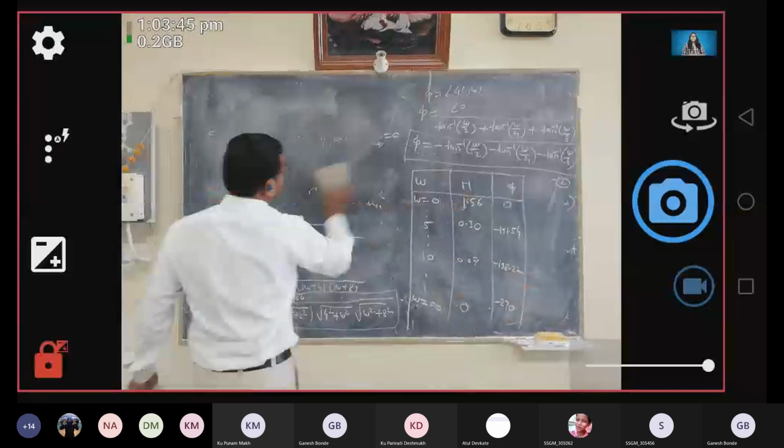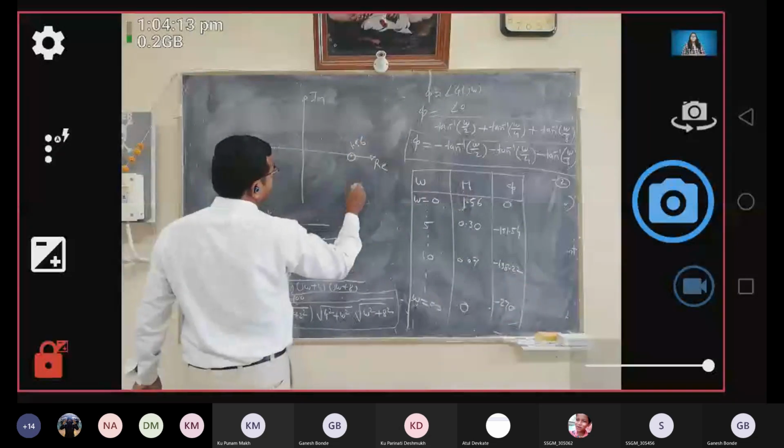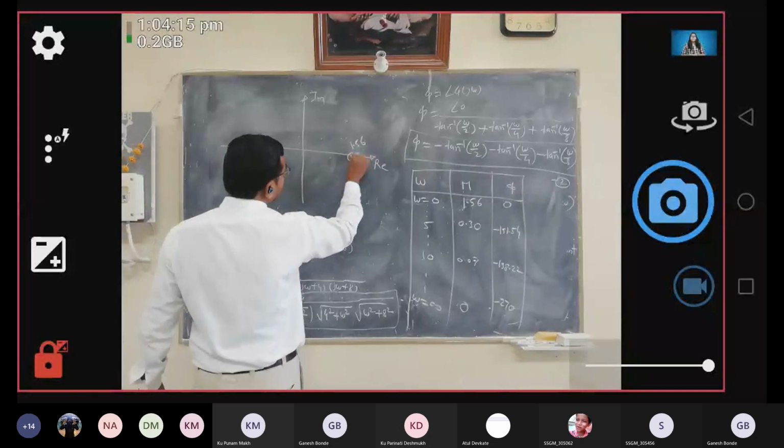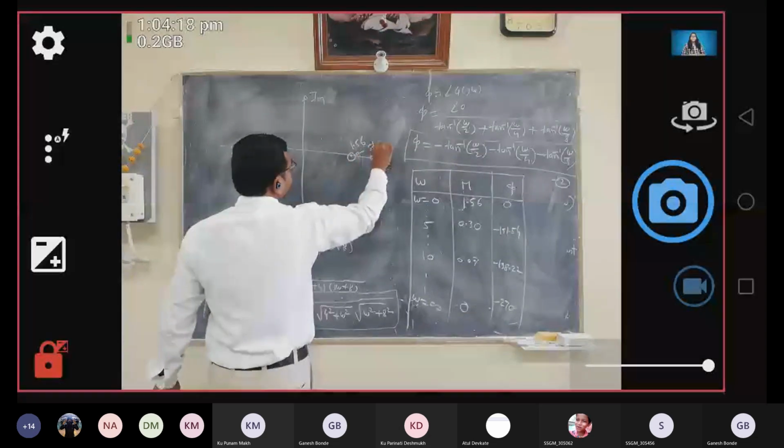This is the real part, and this will be the imaginary axis. So locate the starting point. Omega is equal to 0, magnitude is 1.56 and angle is 0. So this will be my starting point.